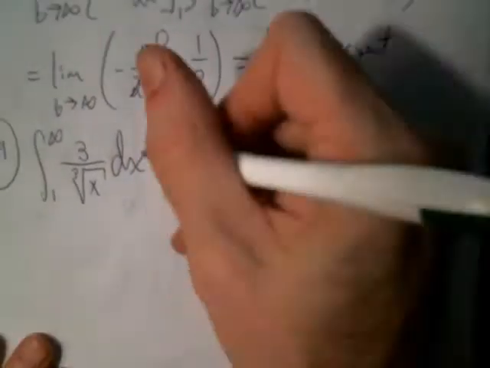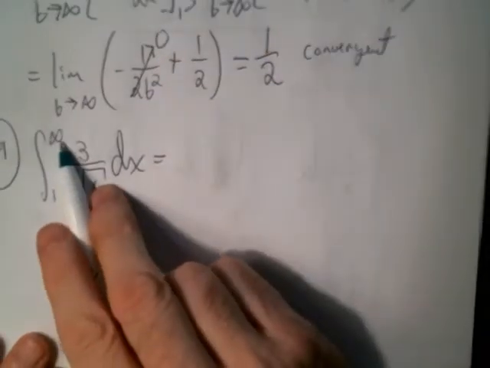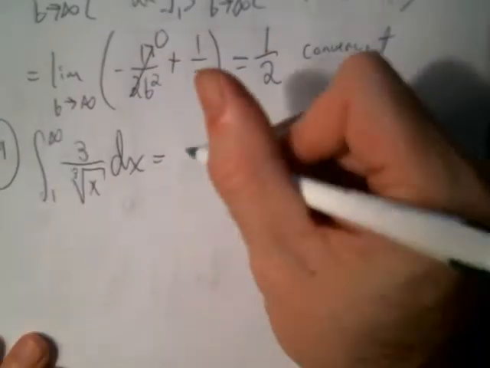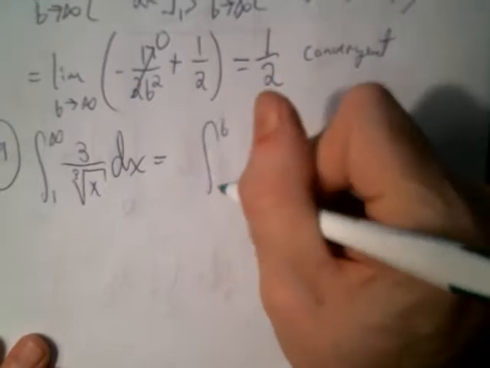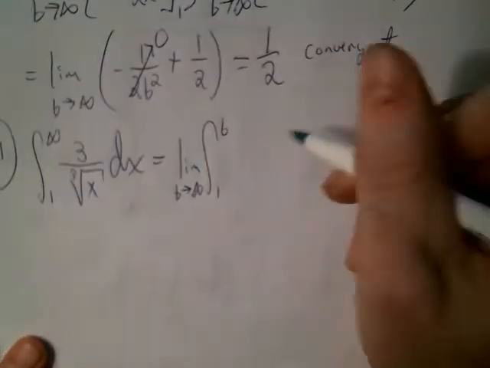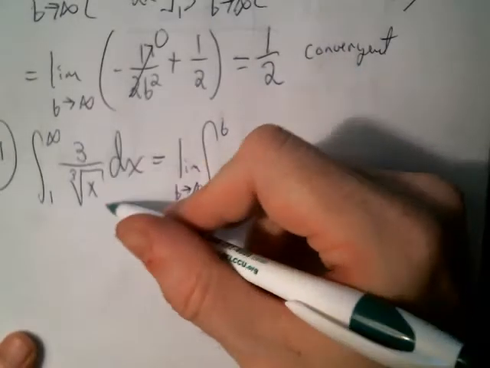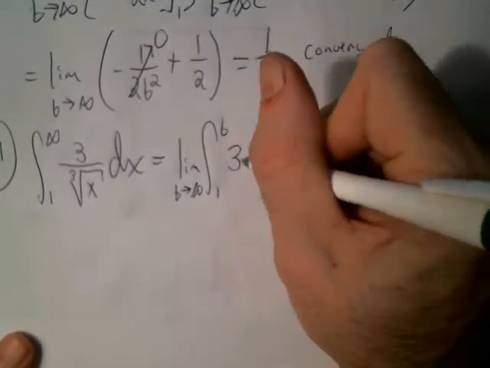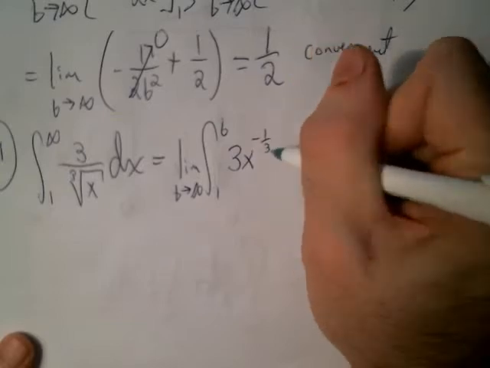So big red flag there, so get rid of that. Replace it with a limit. I'm going to rewrite my integrand as 3x to the negative 1/3.